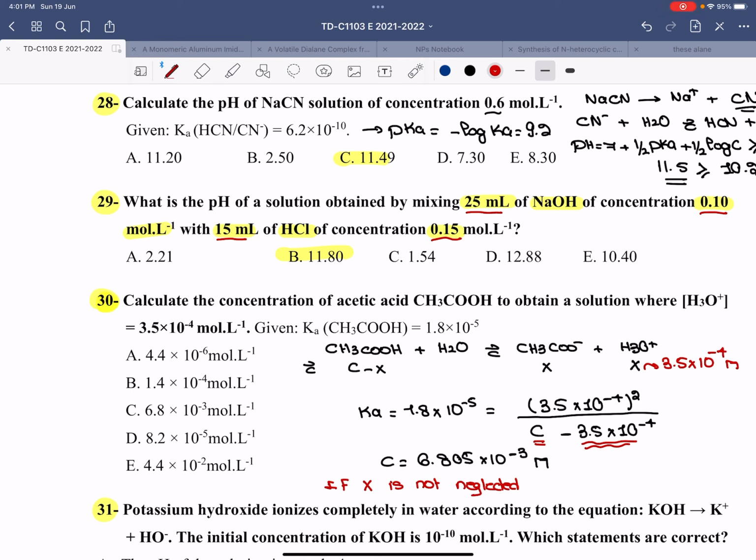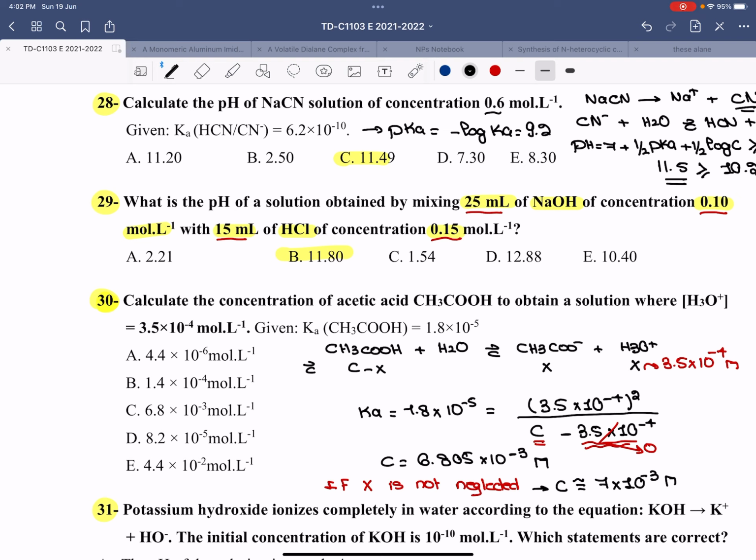How can you check the error is less than 5%? Neglect X, meaning put this equal to 0. Find C, and then take X divided by C. Is the error less than 5%, meaning 0.05? Then your neglect is validated. If X is not neglected, C will be, I think, around 7 times 10 to the negative 3.